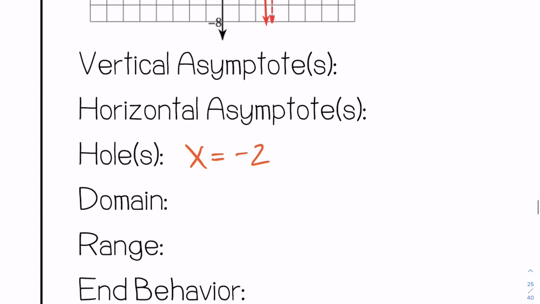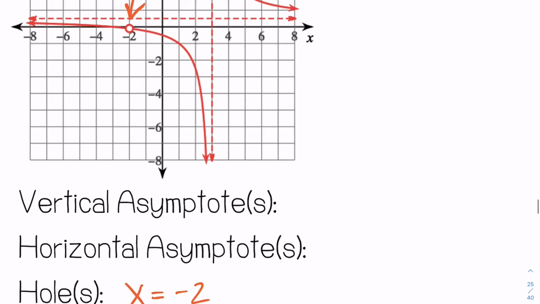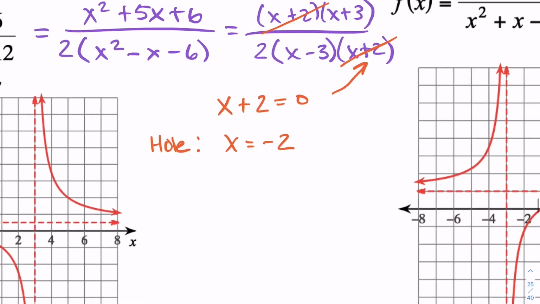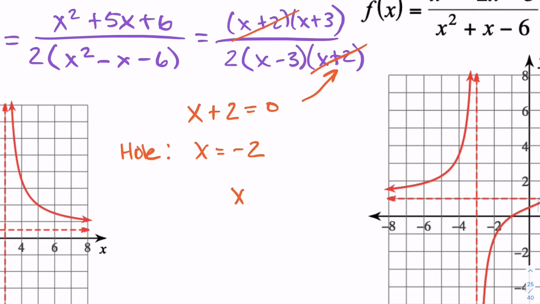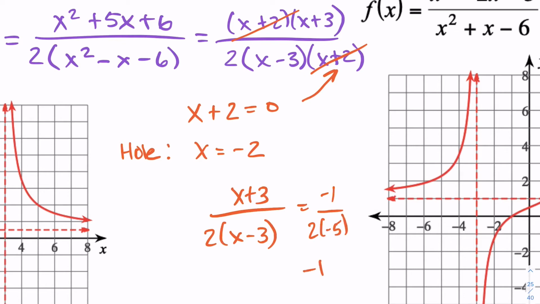Now, if I asked you what its output could be, what I could do is ignore what's there, literally, and just work with x plus 3 over 2 times x minus 3. And just say what would happen at -2. Well, that would give me -1, and it would give me 2 times -5, which actually is -1 over -10, which is a tenth.